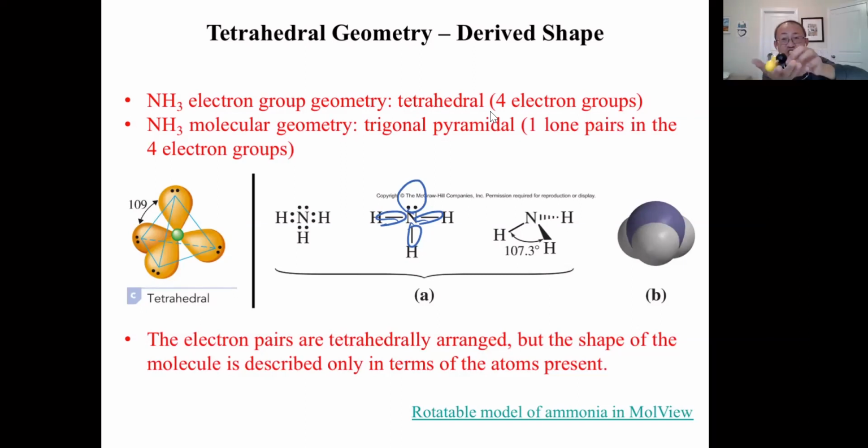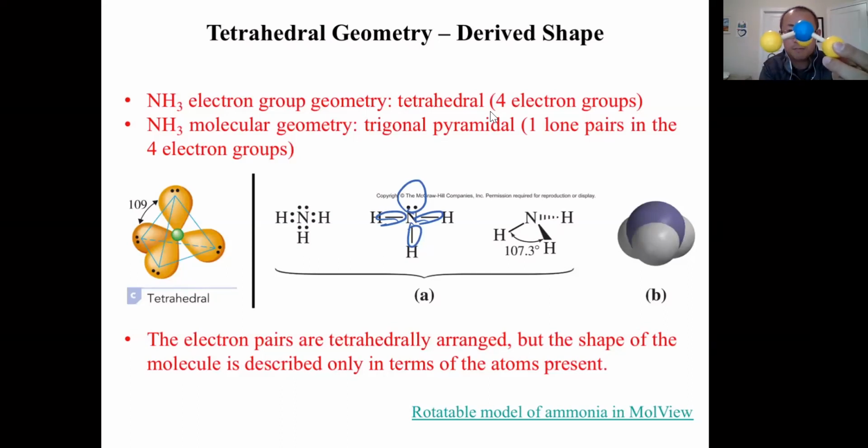So the real geometry of the molecule is like this. I'm going to use the real model. We call that trigonal pyramidal geometry. The nitrogen is actually slightly above the plane of the 3 hydrogens. See that?